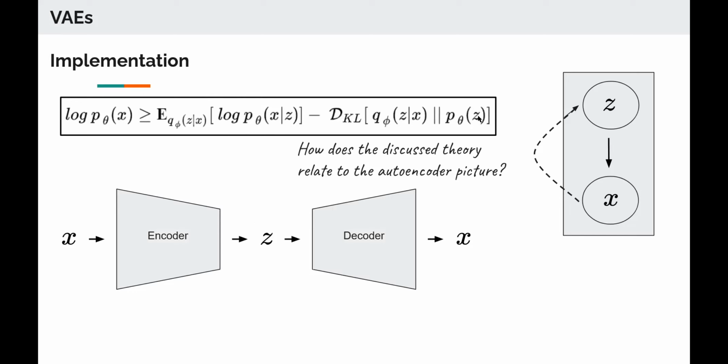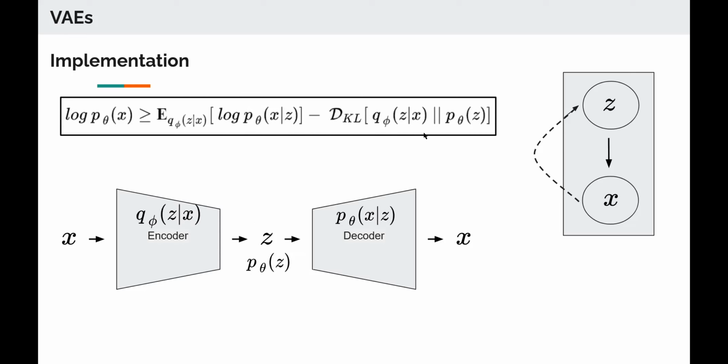And what we are going to do is use neural networks to model these distributions. In particular, we are going to use an encoder network to model the distribution of z's given x's. We are going to use a decoder network to model the distribution of x's given z's. And we are going to fix the prior on the z's to some reasonable distribution.